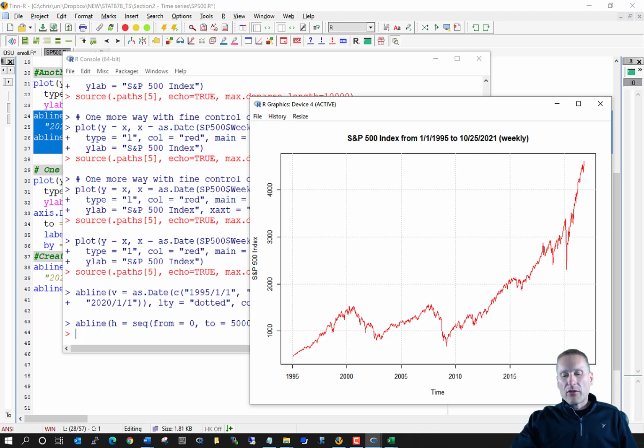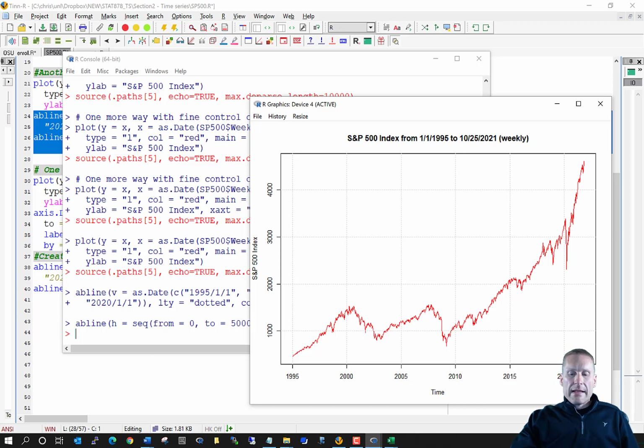So for example, around 2008, 2009, we had this big downturn in the S&P 500 index, and that corresponds to the financial crisis that was happening around the world, mainly because of problems with the U.S. housing market. And then we also see about March 2020, we see this large decline in the S&P 500 index, and that was due to the beginning of the COVID-19 pandemic.